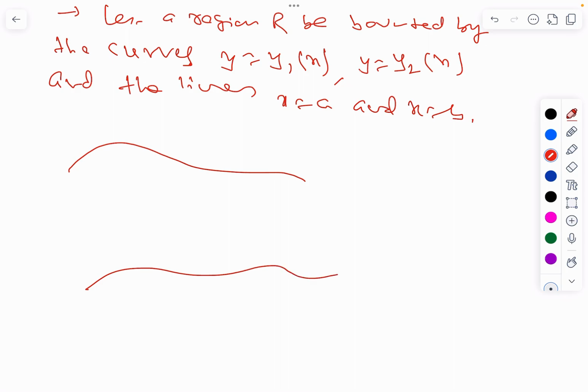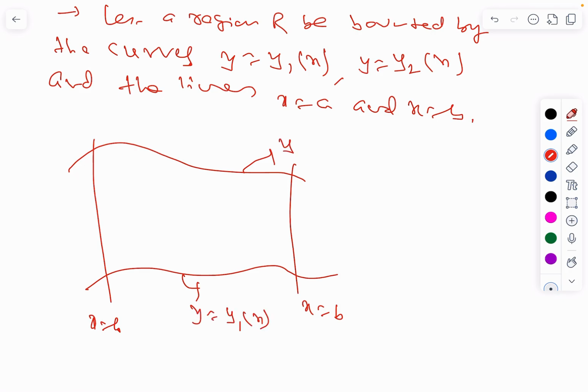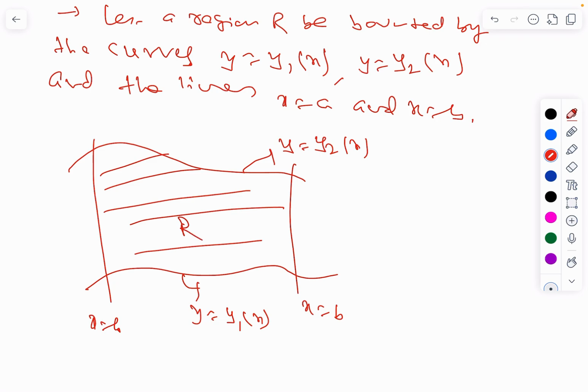So we have it like this. Say here we have the line x equal to a, the line x equal to b. This is y equal to y1 of x, y equal to y2 of x, and this is the region R of integration.